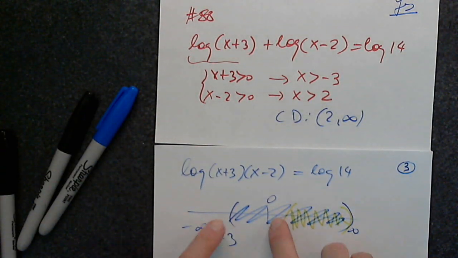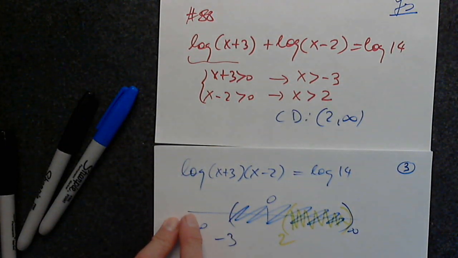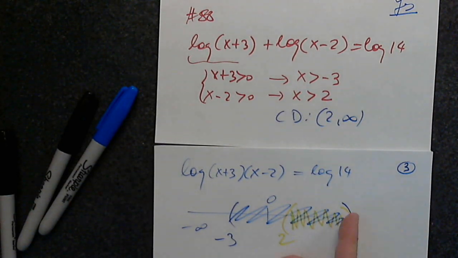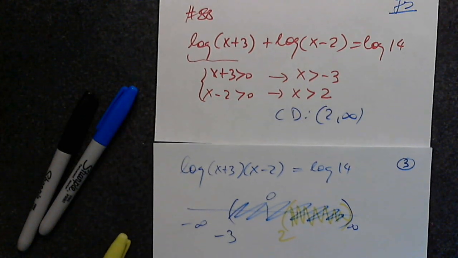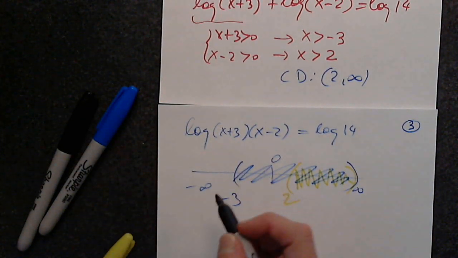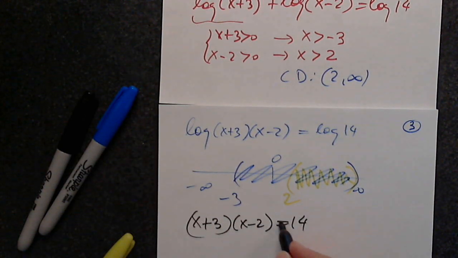Because if I pick here, the second one will not exist. If I pick here, both are out of the question. So I can only pick here. So it has to be greater than 2. Better? Yeah. Okay. Good. So then we concluded that x plus 3 times x minus 2 must equal 14.